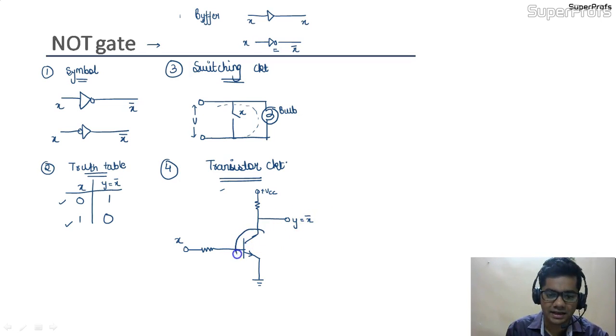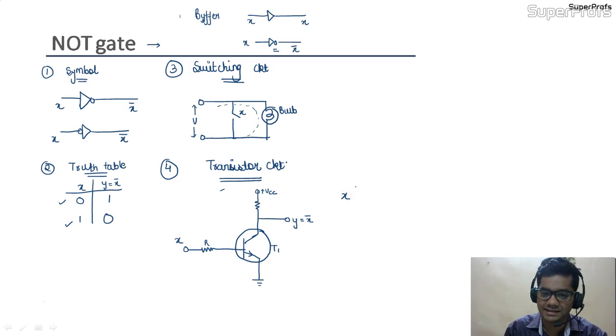So this is an NPN transistor. This is also a resistor, we can say this is R. We have applied the input at X and we are taking the output at Y, and this is transistor T1. Now we are going to see its truth table.